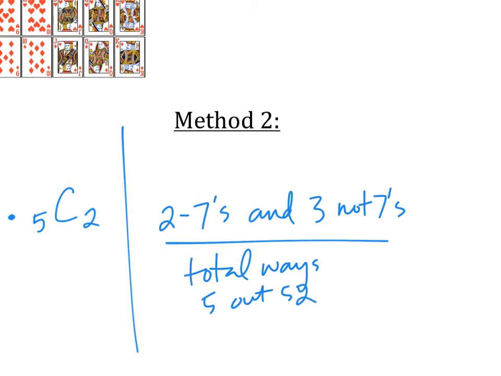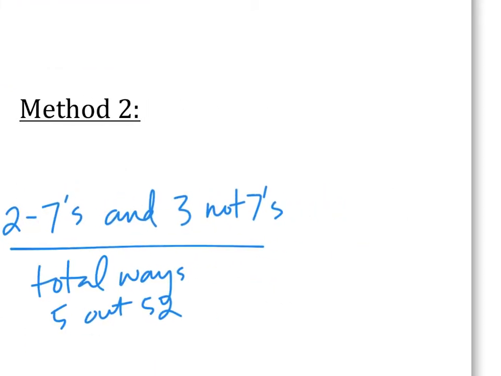What I want is 2 sevens and 3 not 7s, divided by how many ways I can have 5 cards out of 52. That is 52C5.